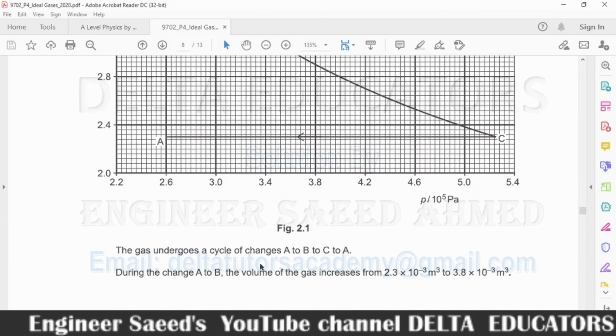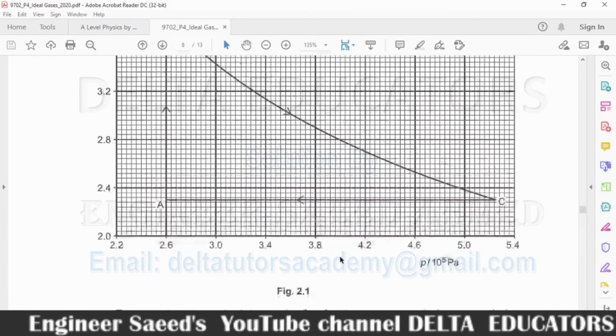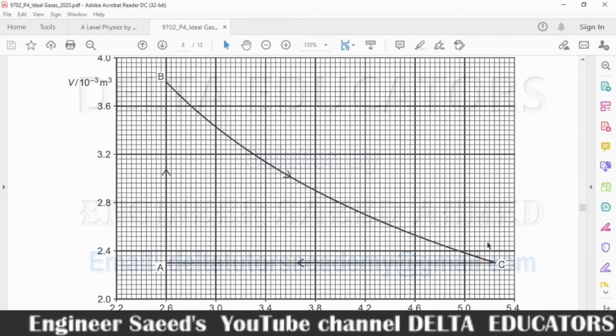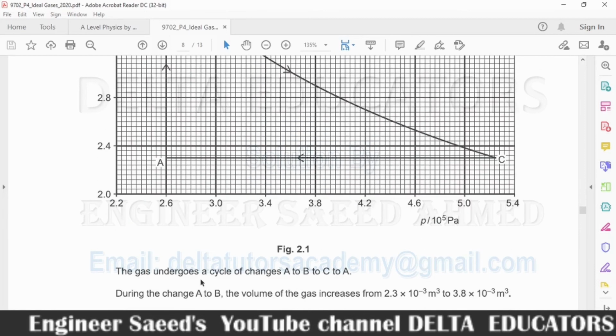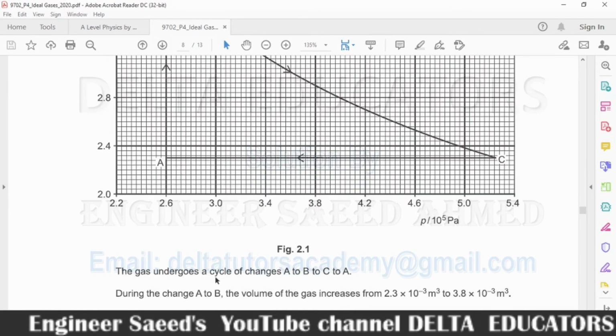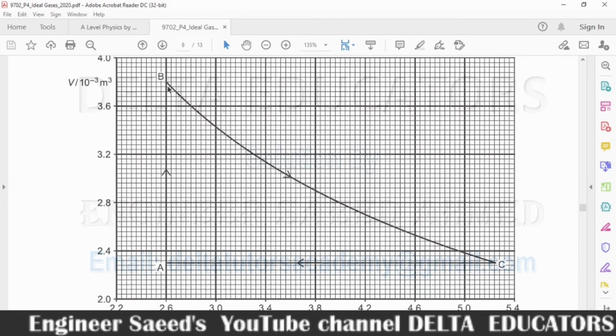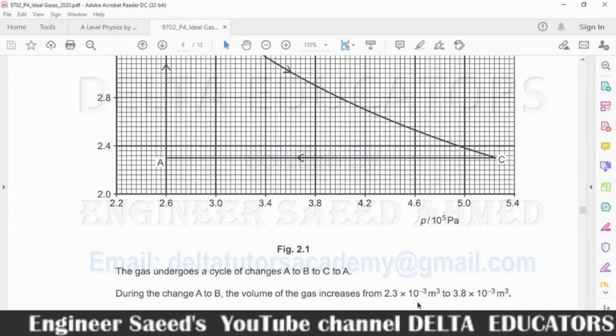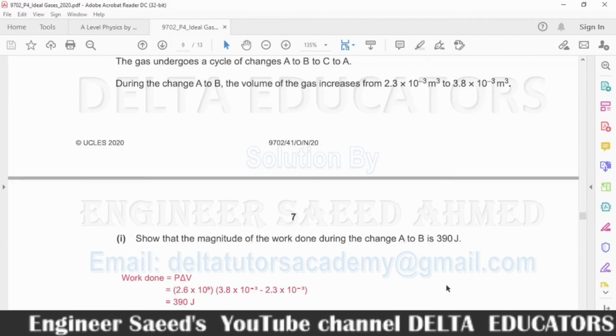The gas undergoes a cycle of changes A to B and C to A. During the change A to B, the volume of the gas increases from 2.3 into 10 power minus 3 meter cube to 3.8 into 10 power minus 3 meter cube.